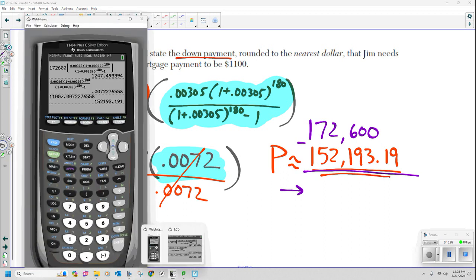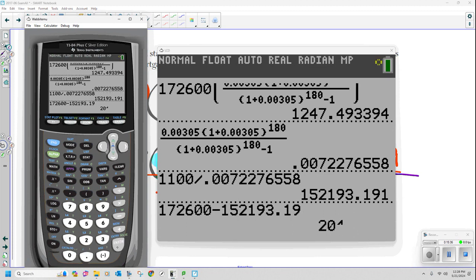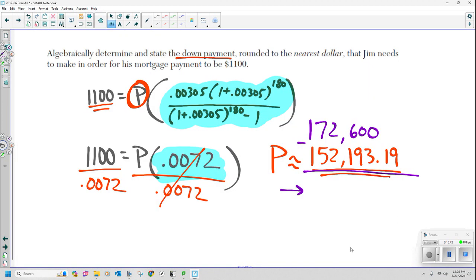So we're back here. 172,600. Let's subtract my 152,193.19. He has to put down $20,406.81.